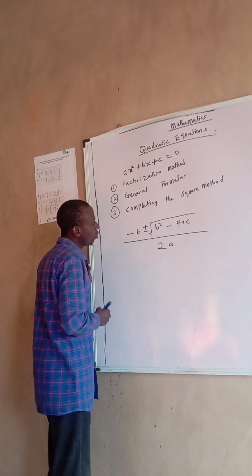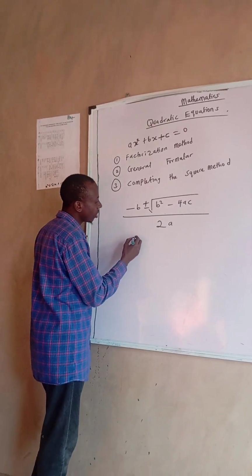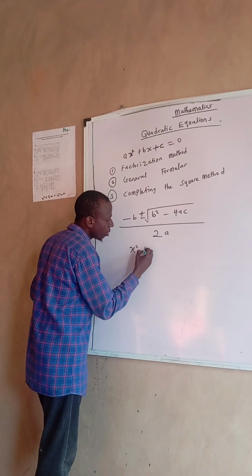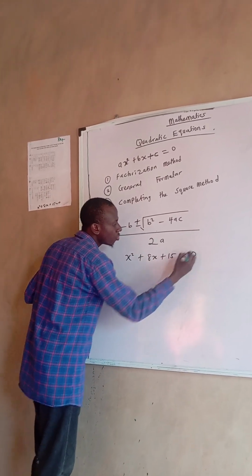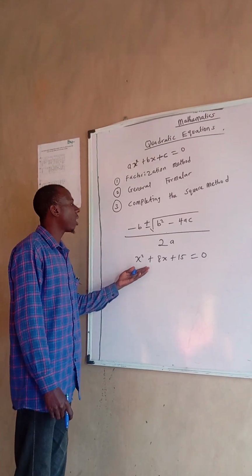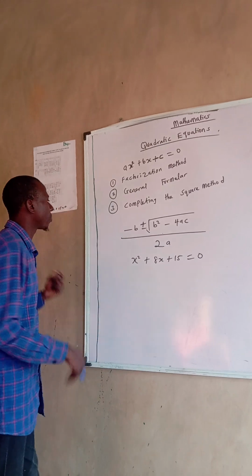Now, let's choose our quadratic equation, the one that we used last class, which is x squared plus 8x plus 15 equal to 0. Now, this is a quadratic equation. I've told you how we can know that an equation is a quadratic equation.